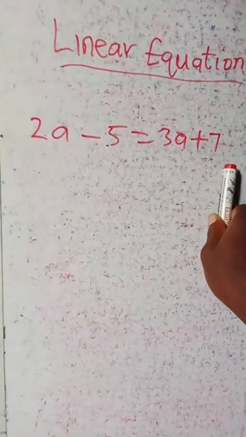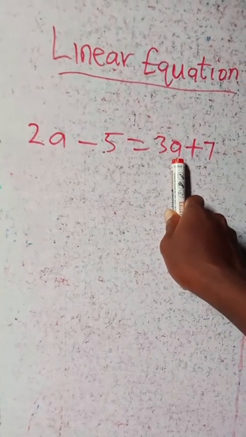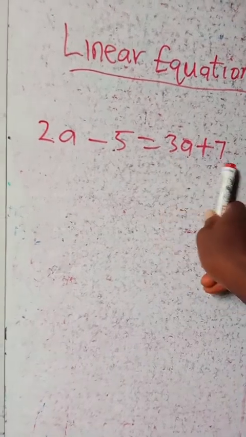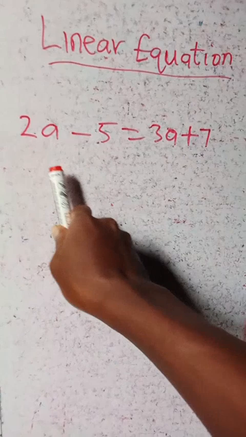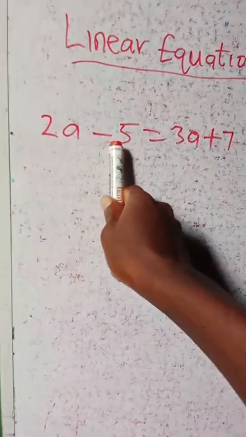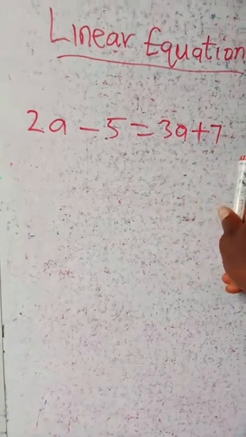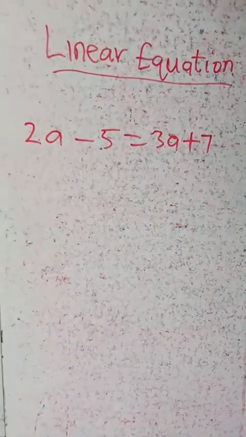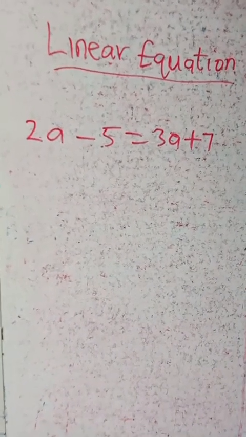This side of the equation contains numbers and alphabet, this side contains number and alphabet. Here we have alphabet, here we have an ordinary number. So this side contains alphabets and numbers, but we will not want that since we are comparing number to alphabet.